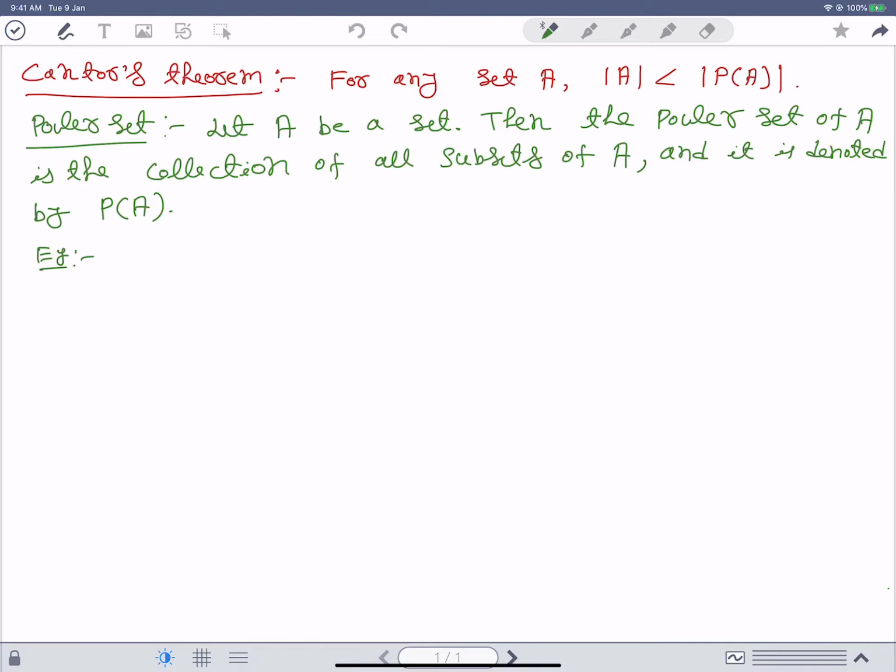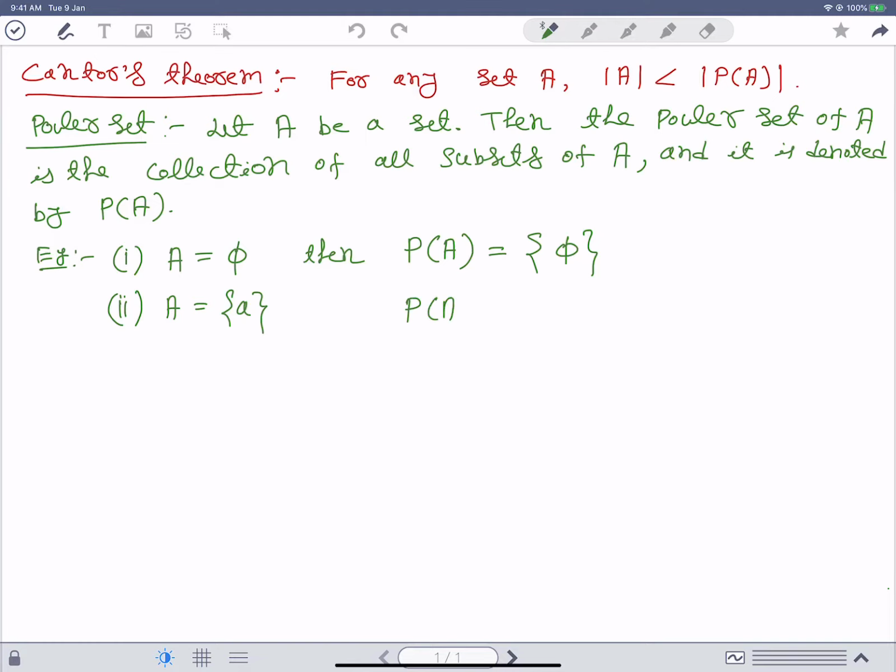That means if your A is just the empty set, then the power set P(A) is the set which contains the empty set only. Now if A is a singleton, say {a}, then P(A) is the collection of the empty set and the whole set {a}.